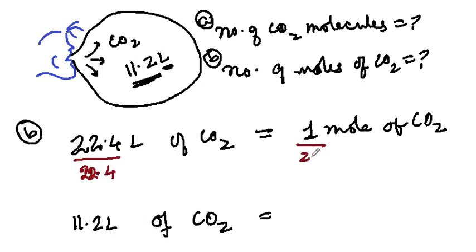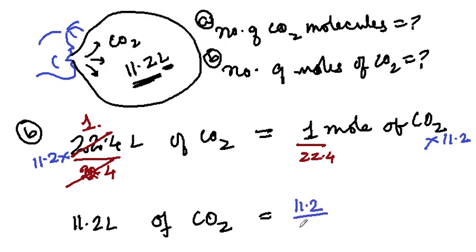If we divide by 22.4 on both the sides, what we have is the number of moles for 1 liter of carbon dioxide, and since we want it for 11.2, we are going to multiply it by 11.2 on both the sides. If we multiply by 11.2 on both the sides, this is the number that we are getting. If we divide this, we get half. This is 2 times, so half is 0.5 mole.